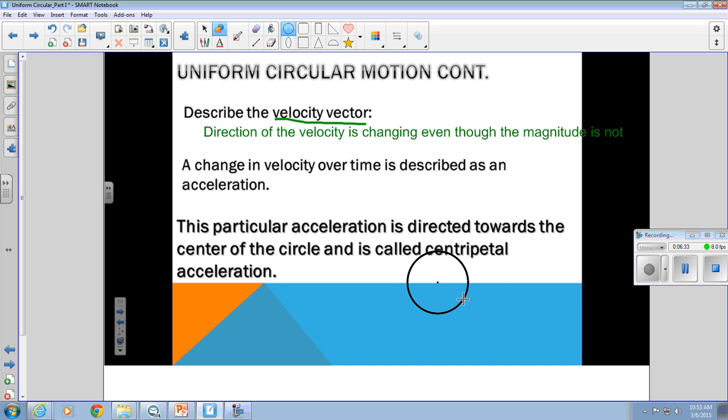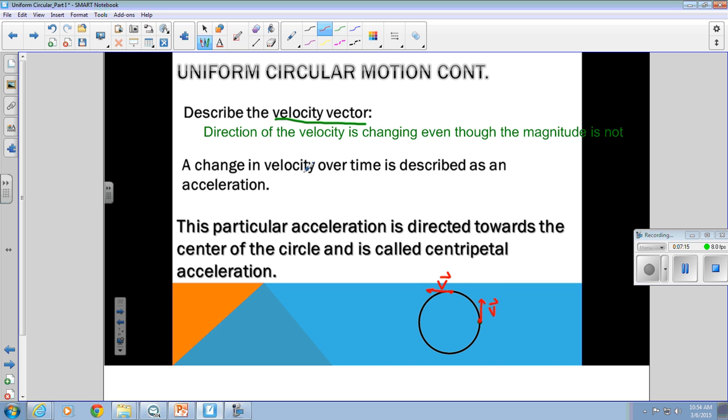And if we drew a circle and showed the velocity at any given point on the circle, the velocity vector is going to change its direction as it goes around and around in the circle. So your velocity is constantly changing as it goes around.